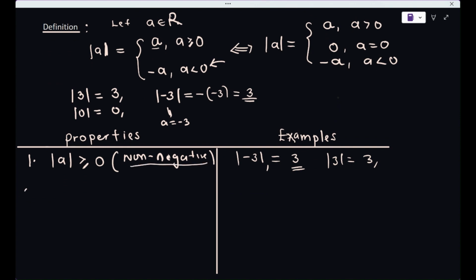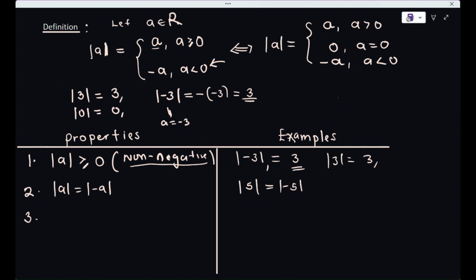Then the second property here is that if you have absolute value of A, it's the same thing as absolute value of minus A. For example, if you take absolute value of 5, it's still the same thing as absolute value of minus 5. The result will be 5.